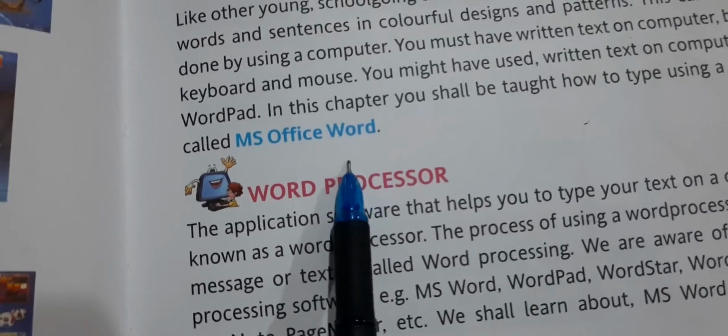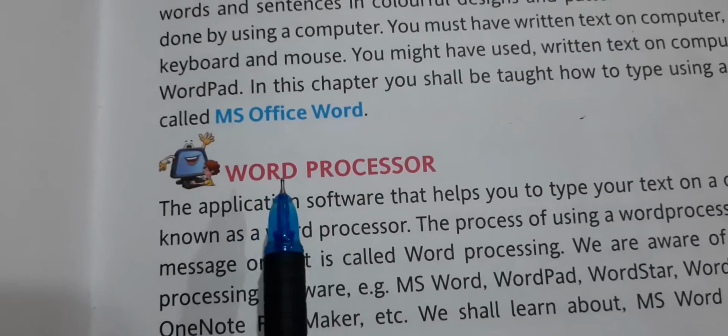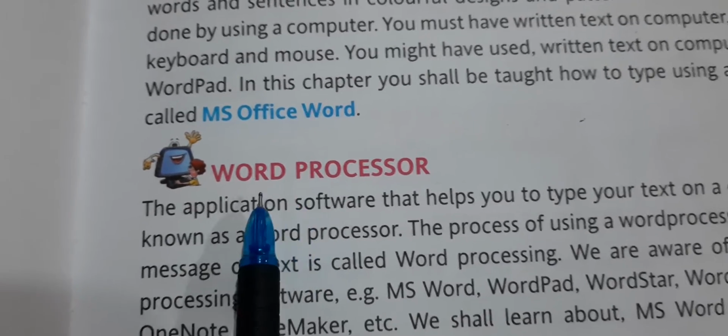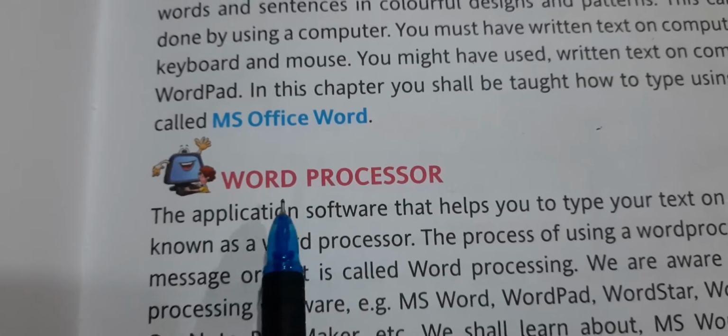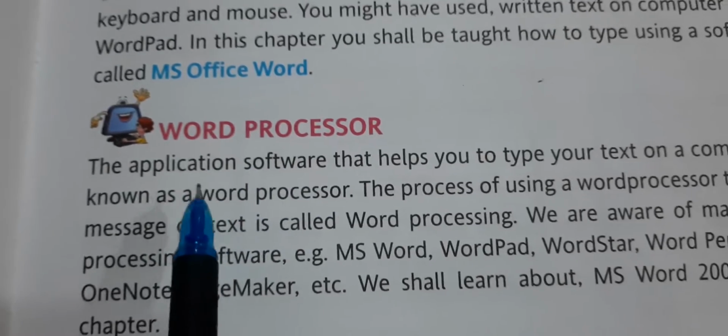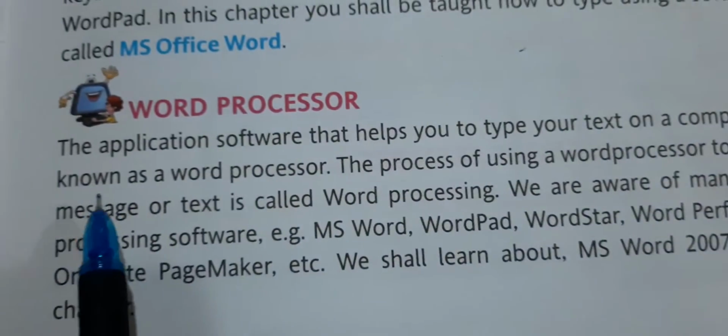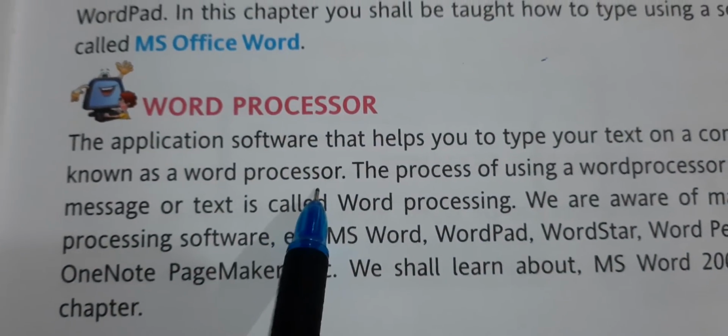But before moving to MS Office Word, because it is called word processor, we need to understand what is the meaning of word processor. The application software that helps you to type your text on a computer is known as a word processor.